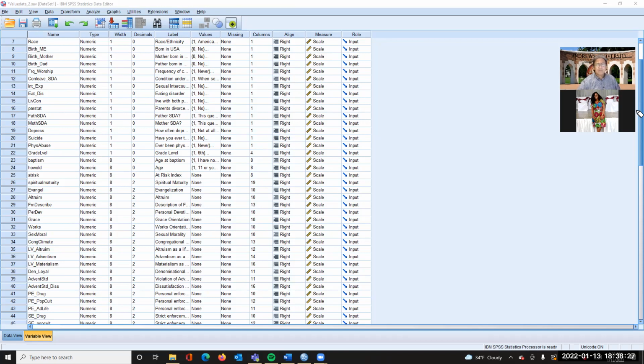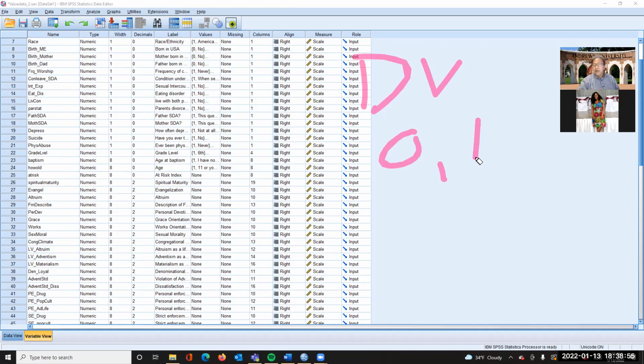So how do we go about using binary logistic regression? Again, we will limit our learning of logistic regression to binary logistic regression, meaning the dependent variable has only two values, zeros and ones.